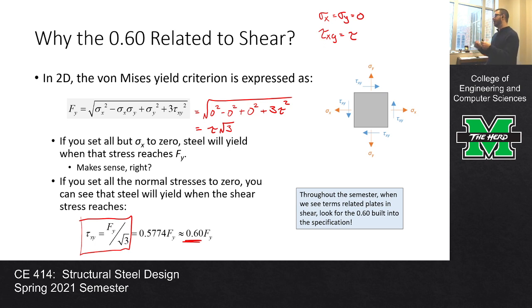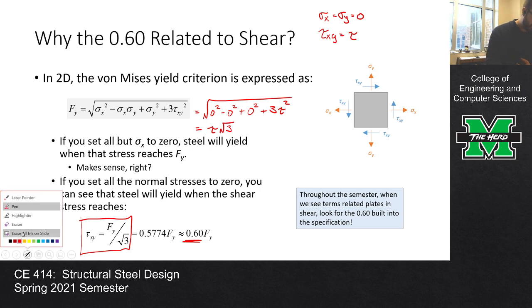Anytime that there's an element subjected to shear, that 0.6 is either hidden in the material quantity, or especially in the specification. Anytime you have an element subjected to shear, it yields when the shear stress equals 0.6 of Fy. So whenever you see a shear term, that's where that 0.6 pops up.